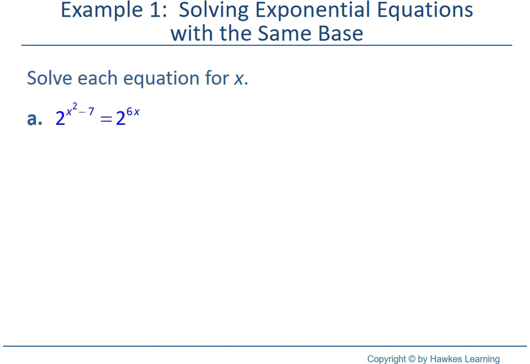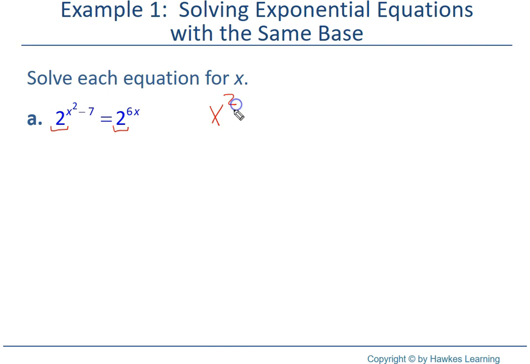So, let's go on and see what we can do with this first equation. And you might say, which scenario does this fit into? Well, our bases are the same. So if that's true, then our exponents should equal each other. So we'll do it over here.